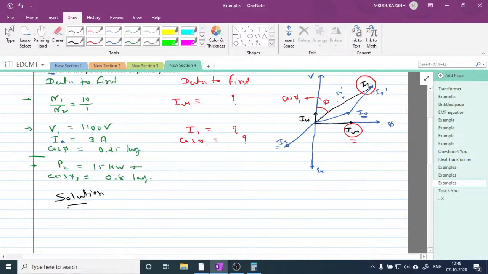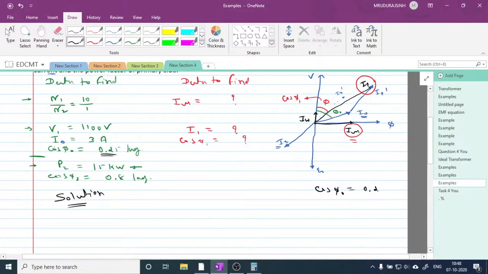Solution. So the primary power factor cos phi is given to us. That means this power factor is when no load is connected. That means this angle phi 0 is given to us. So this is cos phi 0. Cos phi 0 is equal to 0.25.